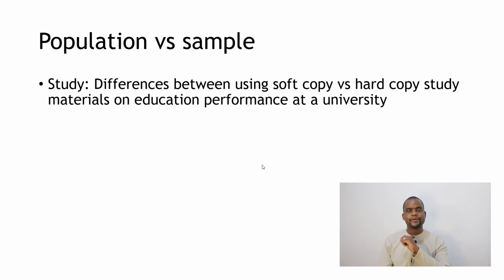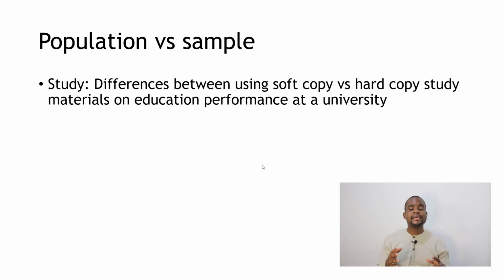Okay, let's take a scenario here. Let's say that you're trying to study the differences between using soft copy study materials and hard copy study materials on educational outcomes of students at your university, right? So now the students in the university become the subjects that you're trying to study.